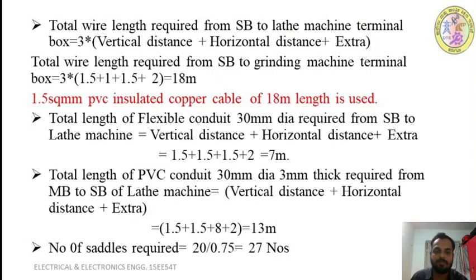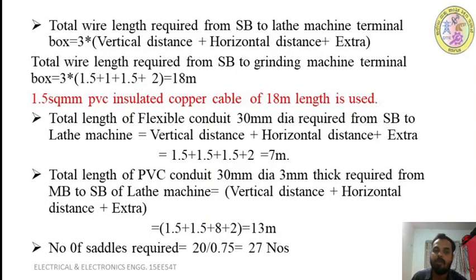Next we'll see the total wire length required from starter board of lathe machine to the lathe machine terminal box. So here this is 3-phase, you have to take 3 into vertical distance plus horizontal distance plus extra.